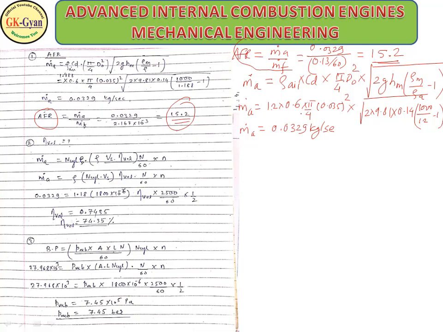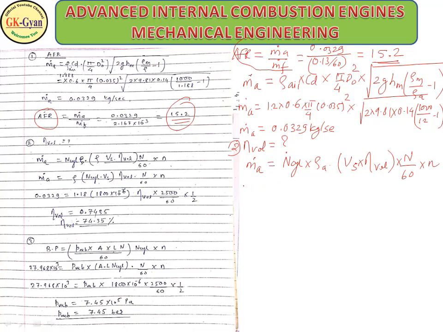Then we have to calculate the second one, volumetric efficiency, eta volumetric. We know the formula for m dot A is number of cylinders into rho of air into swept volume into eta volumetric into N by 60 into small n.